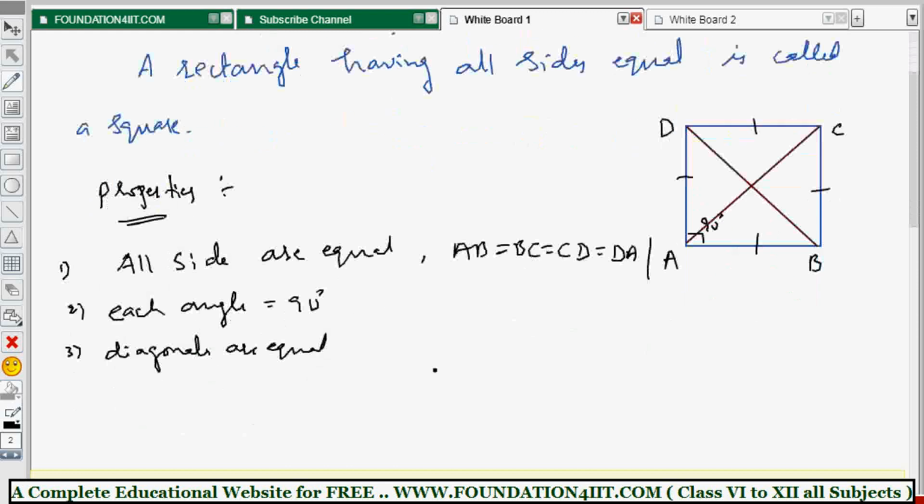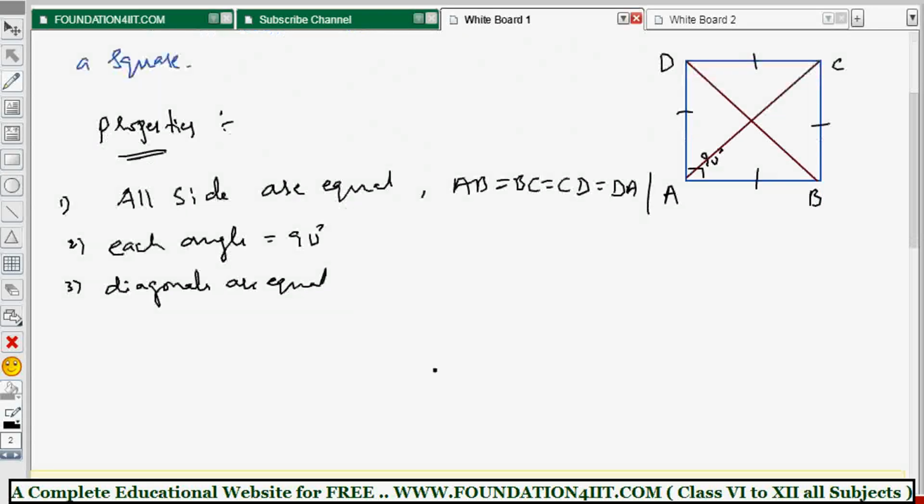So in this square, diagonals bisect each other. If the common point is O, then OA is equal to OC and OB is equal to OD. These four properties we have seen already in our rectangle.